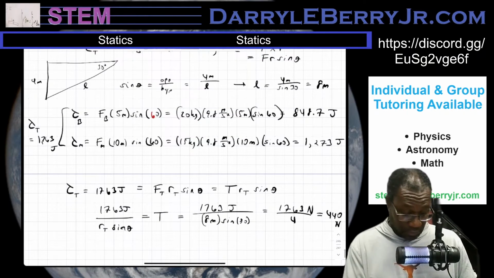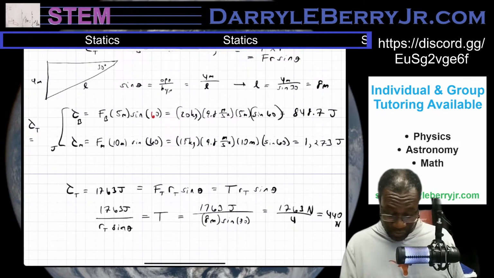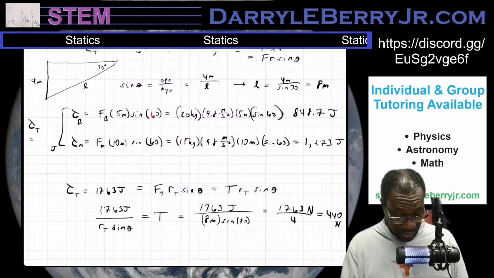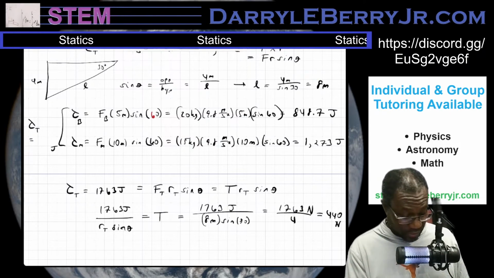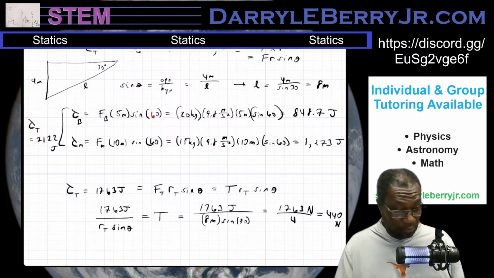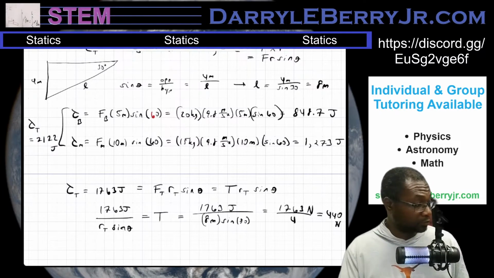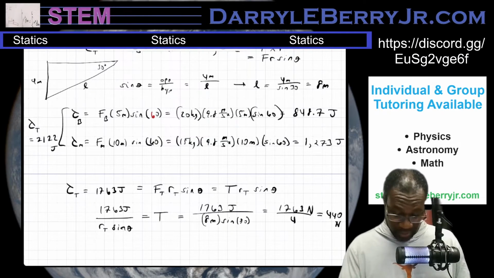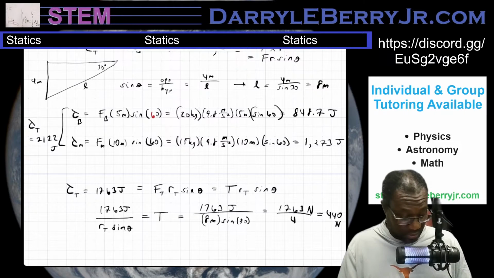And now you can add this up to get the full tension. So this plus 1273 equals 2,122 joules. Okay, so now my numbers are matching up to what he had.